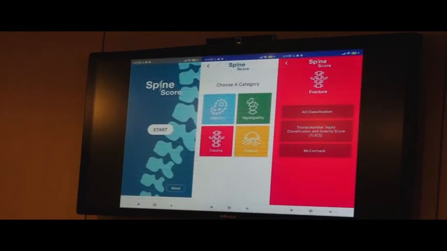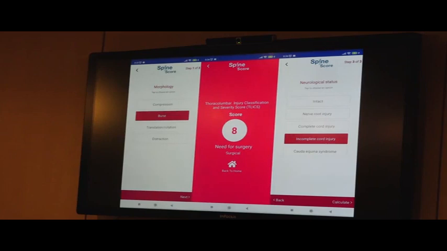So this is the application again. You just select if the patient has a ligamentous complex injury or has a deficit, and you choose the morphology of the fracture. Then it says 8. If the patient's score is greater than 5, you have to operate on that patient.